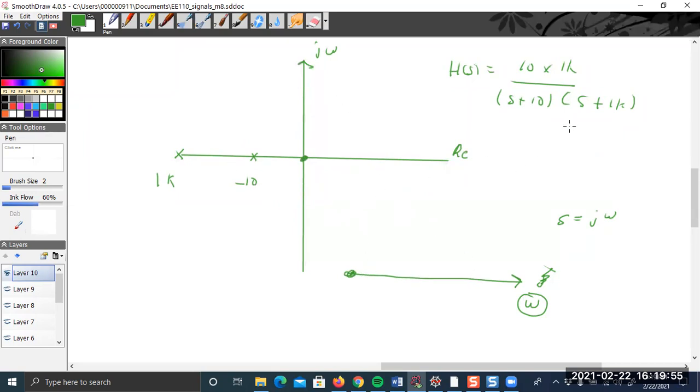And then as we're sweeping omega, right, these poles are changing where it breaks.